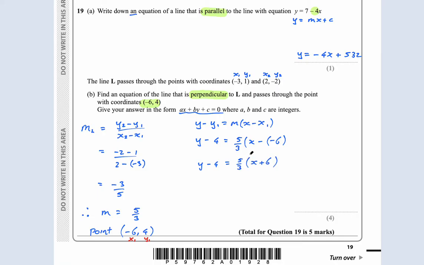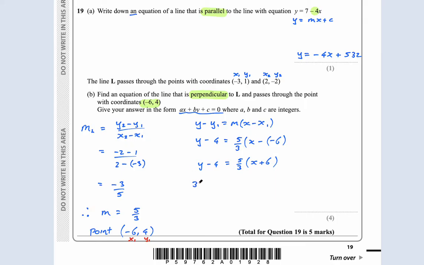Okay, so this is the equation of the line, but he has asked for it in this form where a, b, and c are integers, so he doesn't want a fraction there. So how do I get rid of a fraction? Well, I multiply across by the denominator. So I'm going to multiply both sides by 3, which means multiply everything by 3.